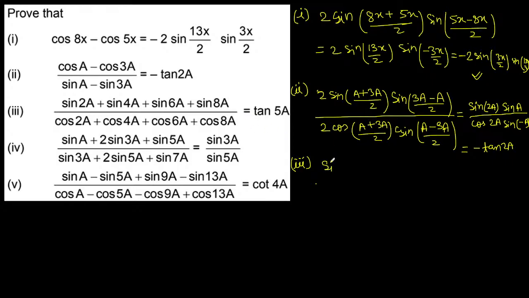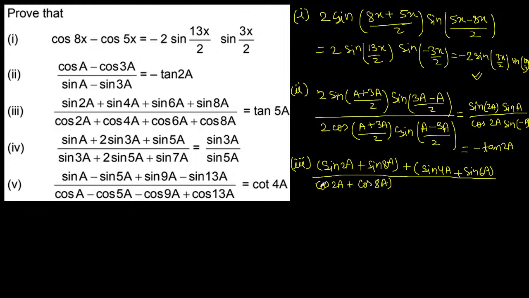So we are normally grouping it: sin 2a plus sin 8a, plus sin 4a plus sin 6a, over cos 2a plus cos 8a, plus cos 4a plus cos 6a.